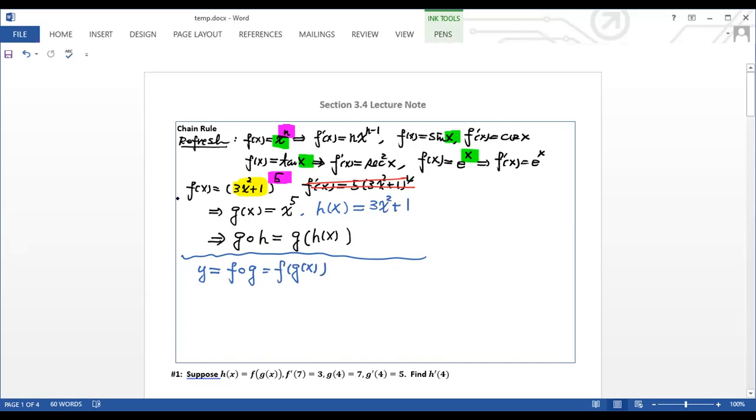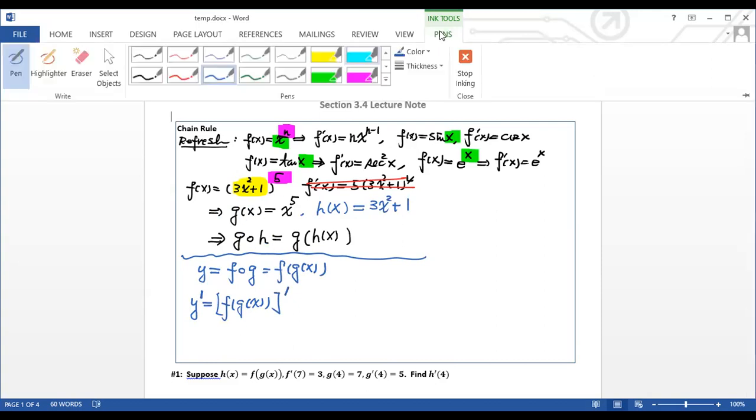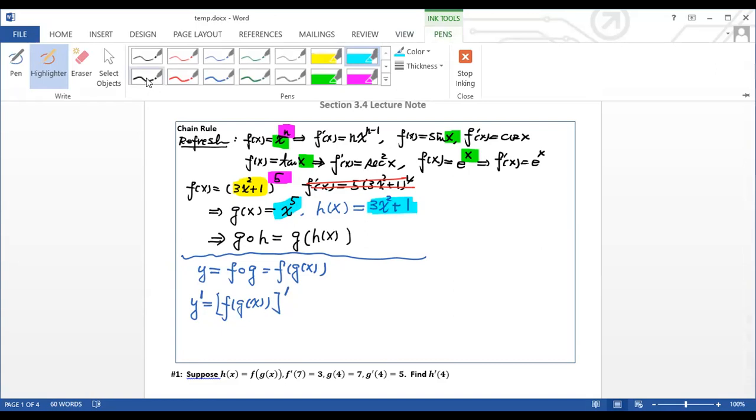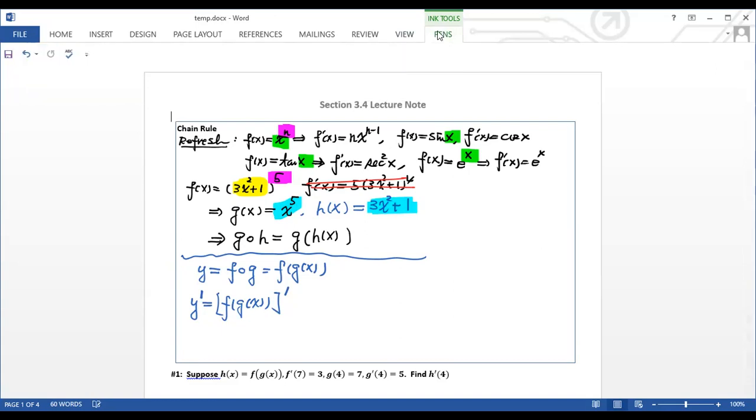Then when I want to take the derivative, y prime will be the derivative of the whole composed function. Remember, in these examples, both f and g, you can use the basic formula to do that. So that's our chain rule here.